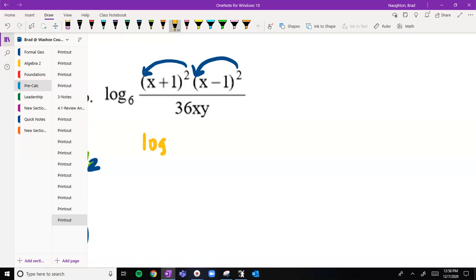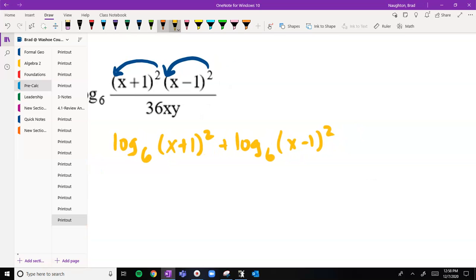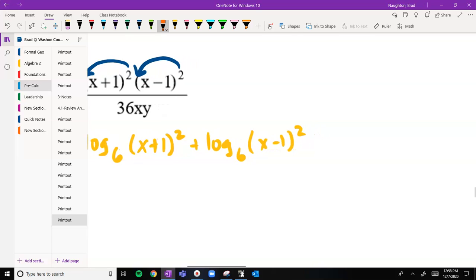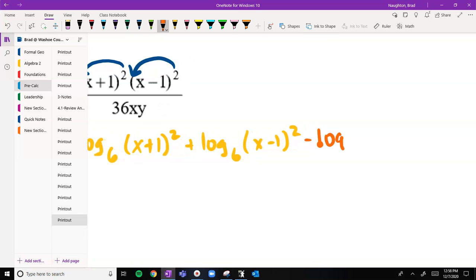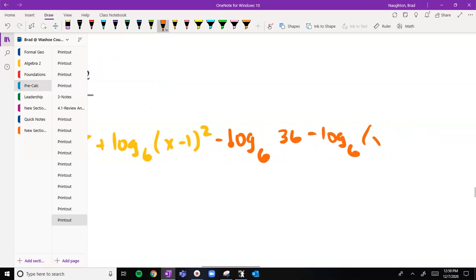So log base 6 of x plus 1 squared plus log base 6 of x minus 1 squared. And then on the bottom one here, we'll change our color here to the orange, minus log base 6 of 36 minus log base 6 of x minus log base 6 of y.